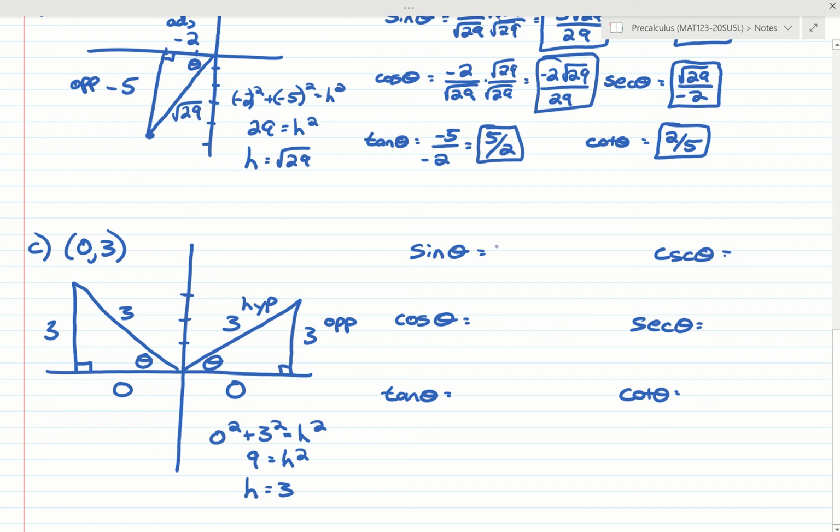Sine would be the opposite over hypotenuse. Take the reciprocal, and that's cosecant. They're both 1. Cosine would be the adjacent side over the hypotenuse. So the reciprocal would be 3 over 0, which is undefined. If 0 is on top, that's just 0.